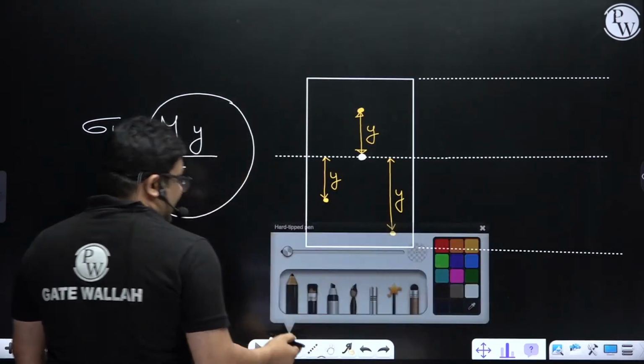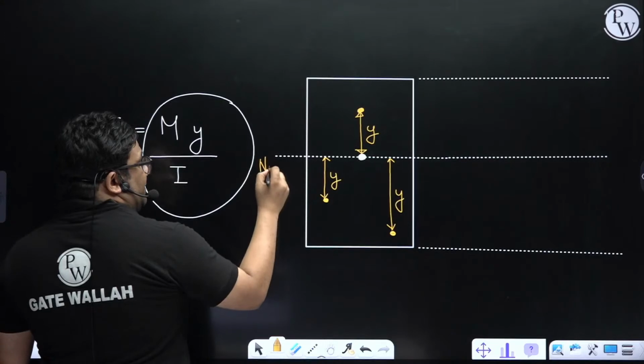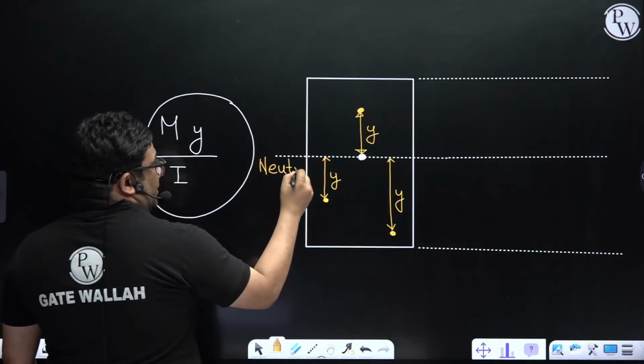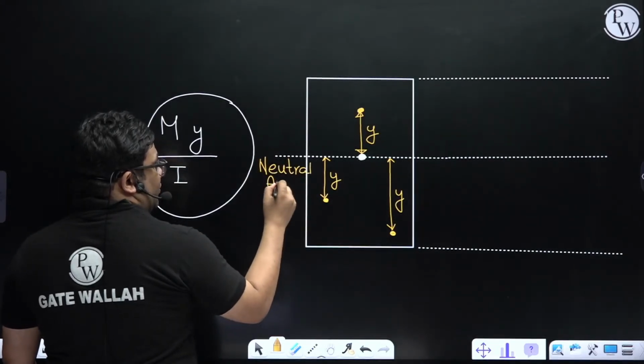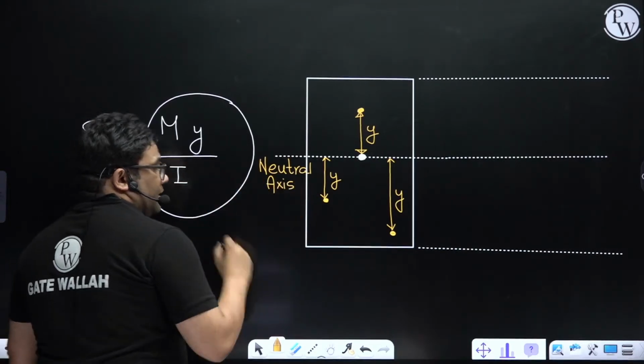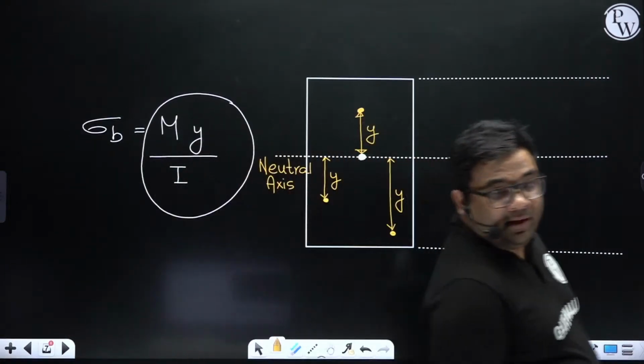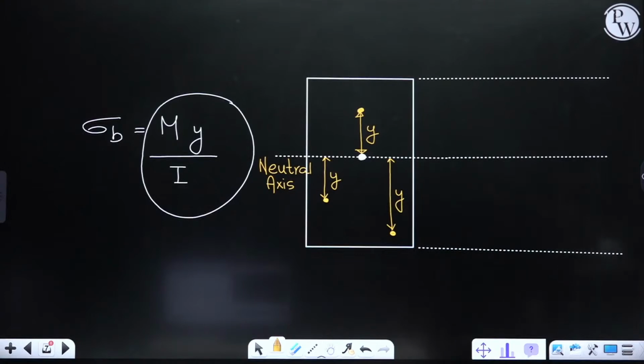Now at the neutral axis, tell me what will be y? Yes, it will be 0.